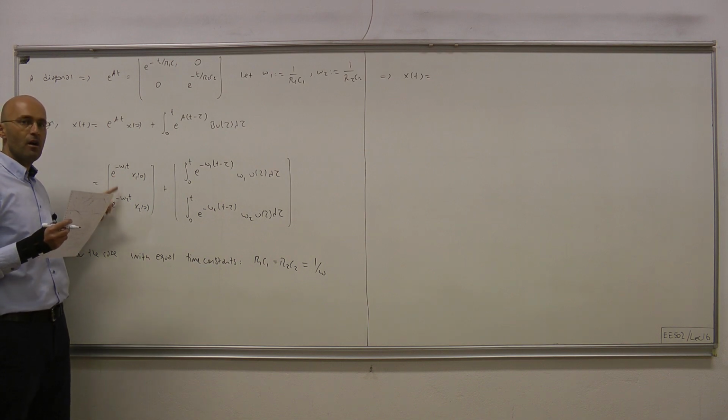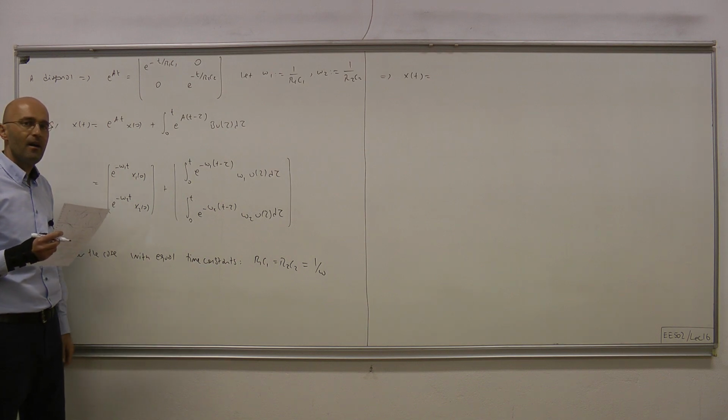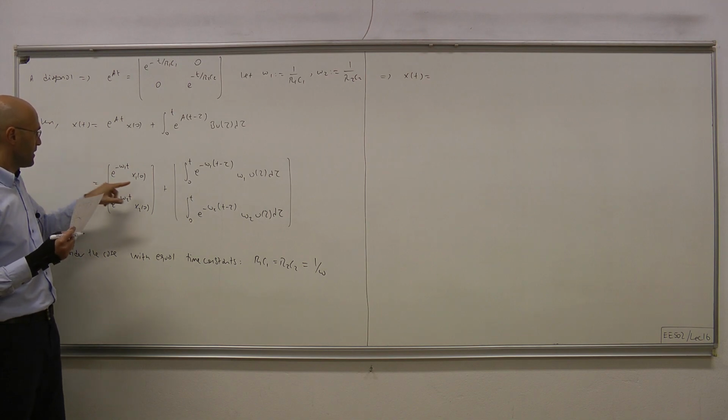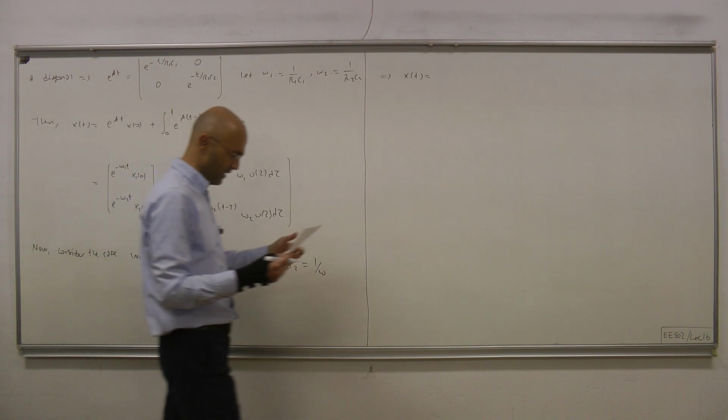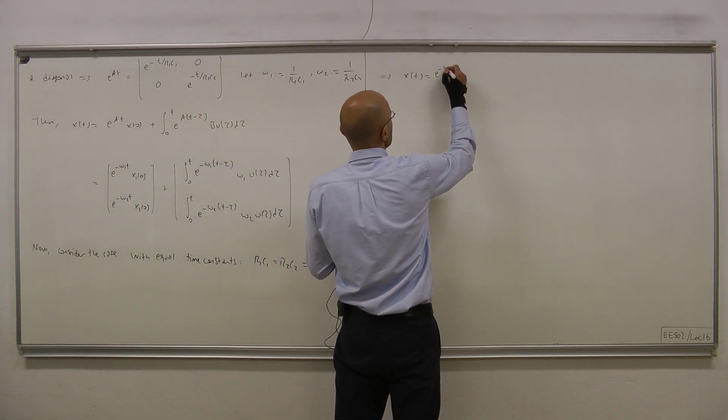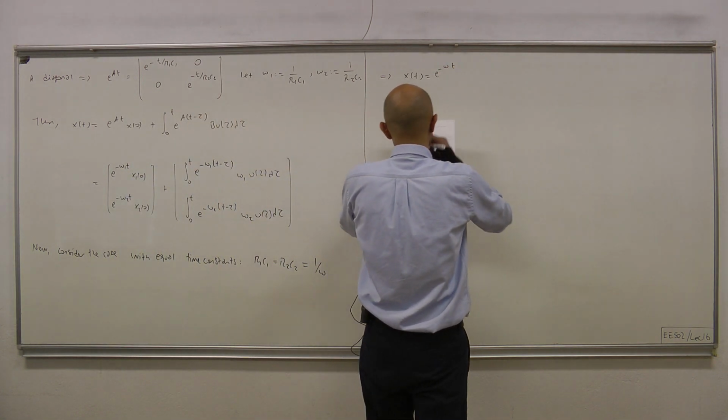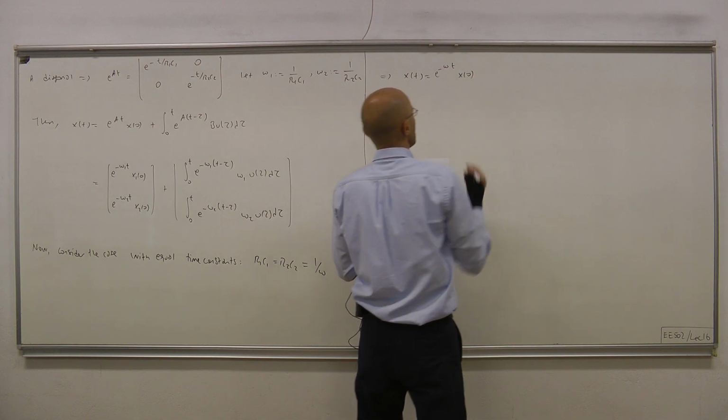Therefore, these two terms are the same. Therefore, we can take it outside and multiply the initial condition vector simply by e to the minus omega t, the scalar.